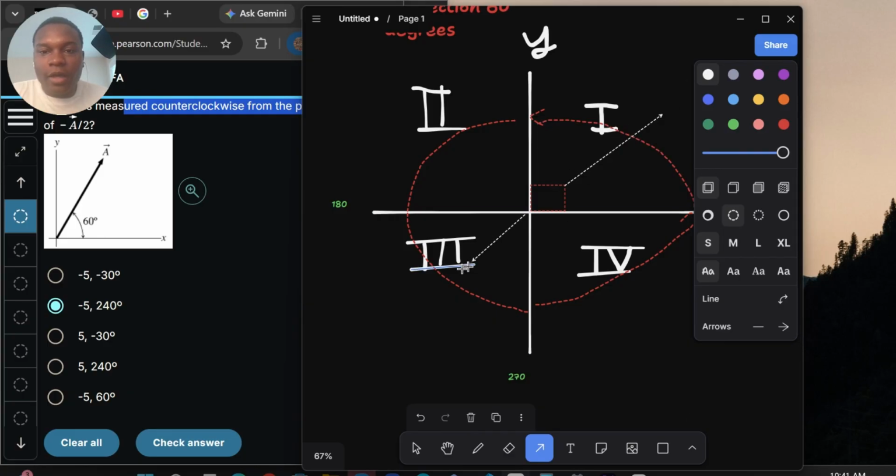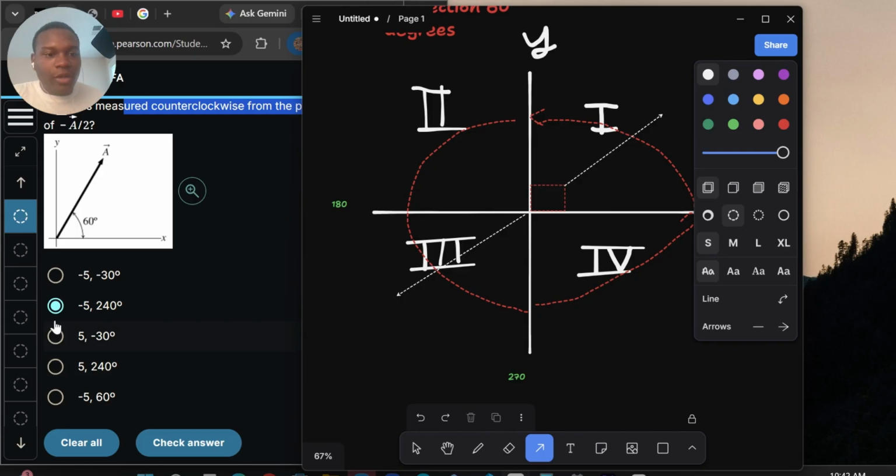We know it would go into the third quadrant, right? So even if we didn't know the rule about plus or minus 180, we would know the answer would fall between 180 and 270 degrees, right? The only answer that falls between 180 and 270 degrees is 240, right? And we're cutting it in half.